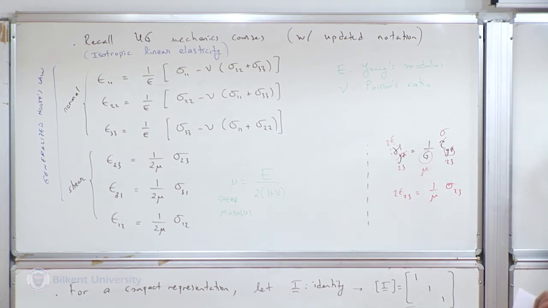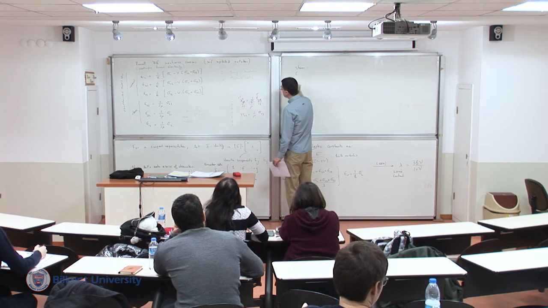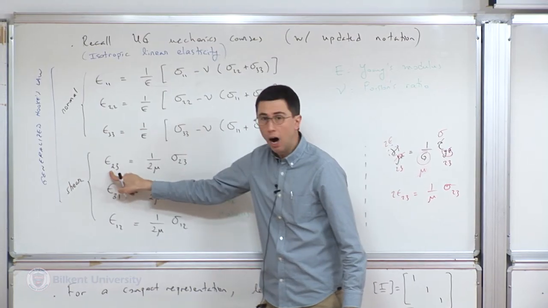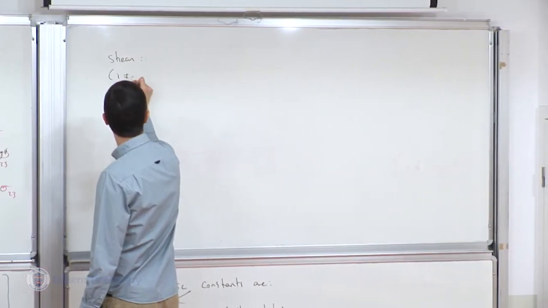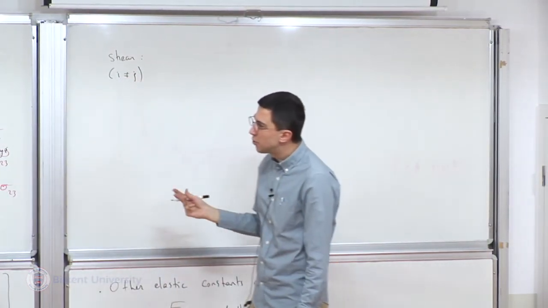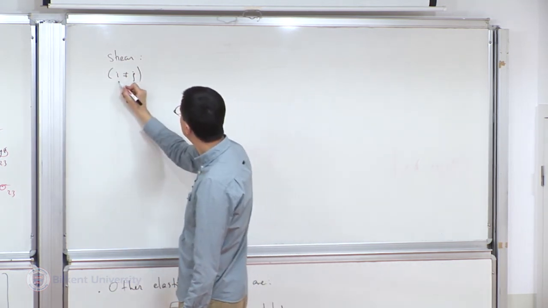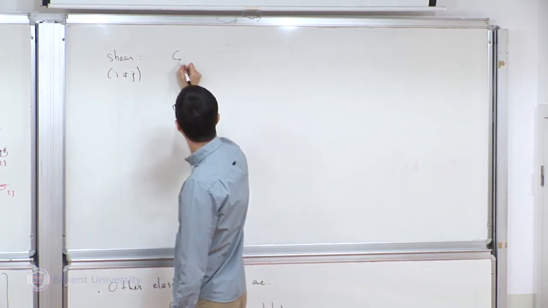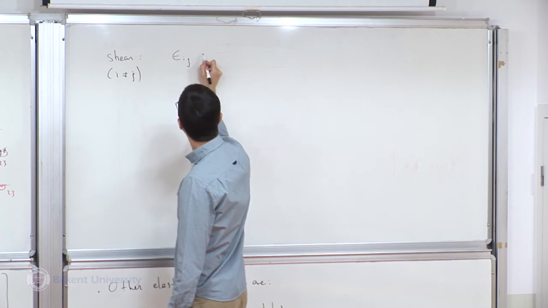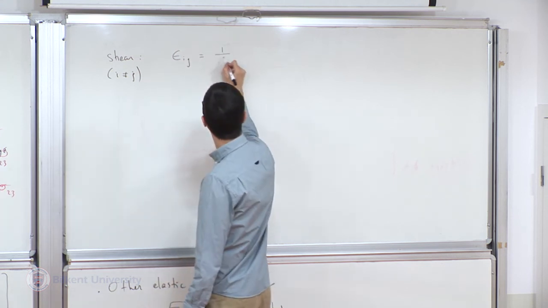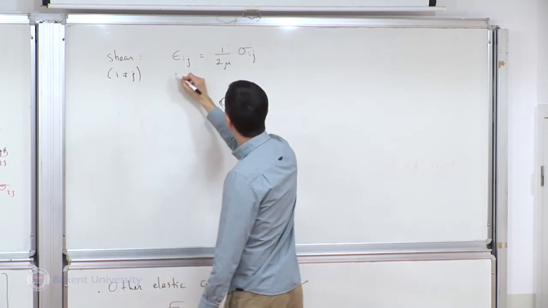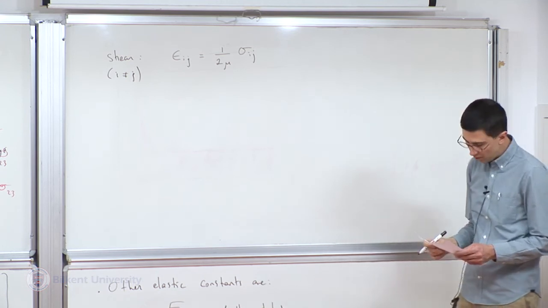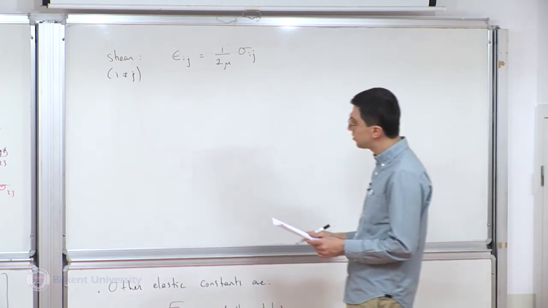So first, let us look at shear. Shear is when i is not equal to j: 2,3, 3,1, 1,2. And it doesn't matter whether it's 2,3, 3,1, or 1,2. What matters is i is not equal to j. And in that case, what I observe is that epsilon ij is equal to 1 over 2 mu sigma ij. So for any choice of i not equal to j, that relation is true.